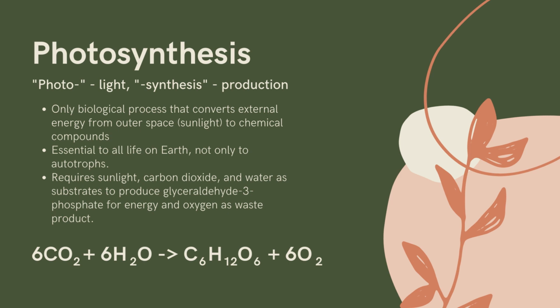When we combine this with the energy coming from the sunlight, we will obtain a molecule of glucose, C6H12O6, plus 6 molecules of oxygen. So that is the overall equation for the photosynthesis reaction.